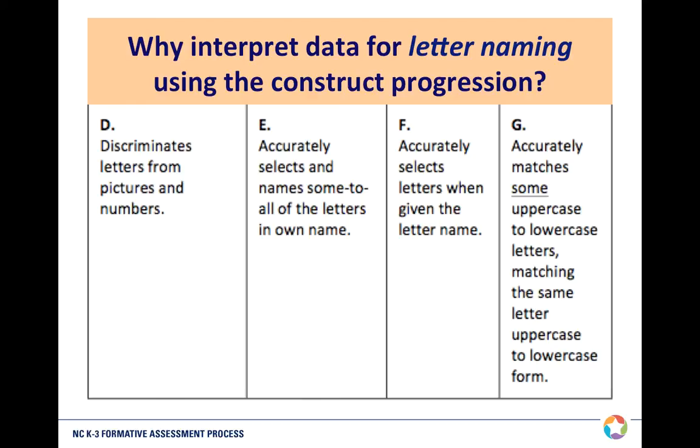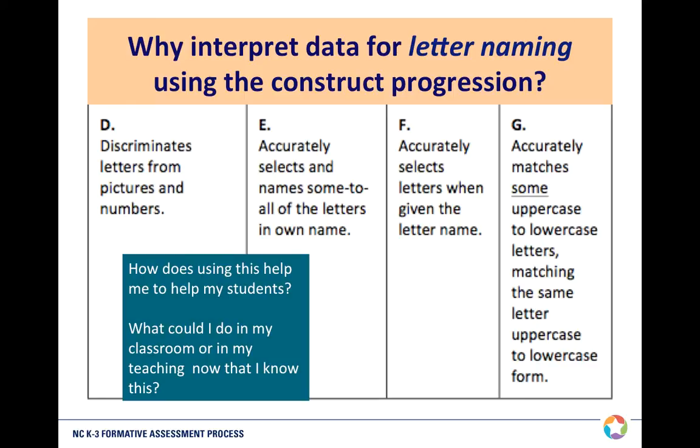That helps me determine: do I need to provide some one-on-one instruction, small group, or an entire class lesson out of my foundations materials, or provide a learning center, based on the data I have from my students? This is how the construct progressions can help guide my instruction.